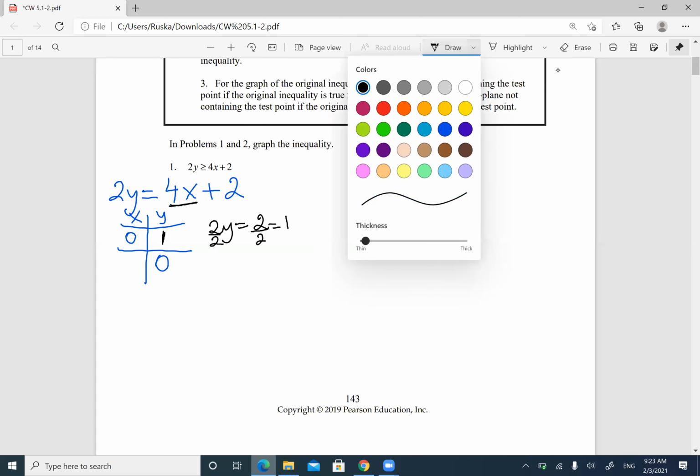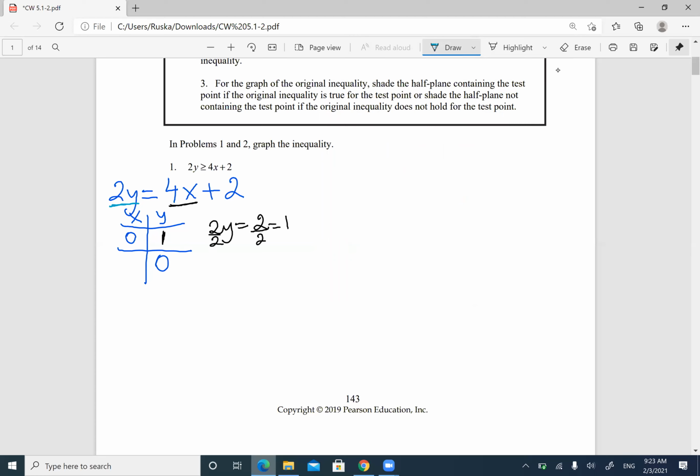Then after that, I'm going to replace y with 0. So when y is 0, this is 0. I'm going to get 0 equals 4x plus 2. I'm going to subtract 2, and that will give me negative 2 equals 4x.